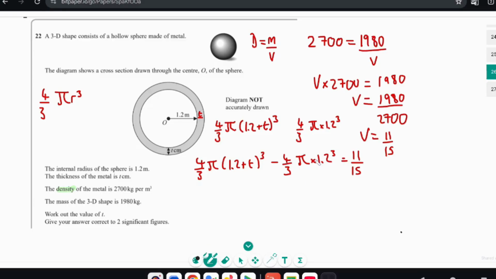Now we can work all of this out. If I type that on a calculator, I get 7.23822.